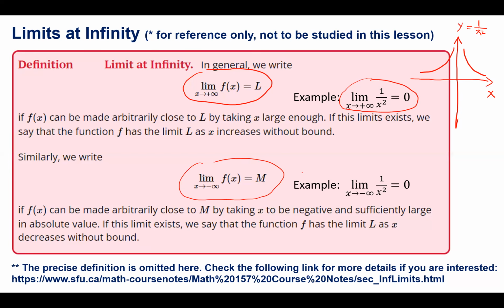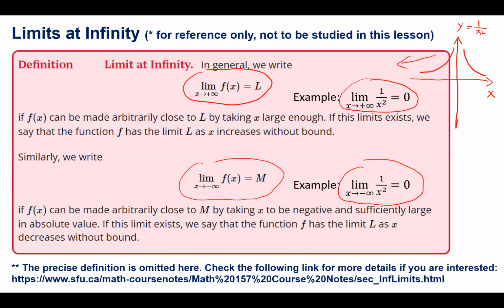So for example, we can consider the same function, 1 over x squared. When x approaches negative infinity, that's from this side, right? It is obvious that the limit of 1 over x squared when x approaches negative infinity is 0, right? So we use a notation like this to denote this behavior.